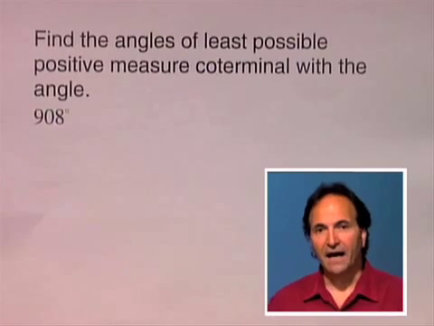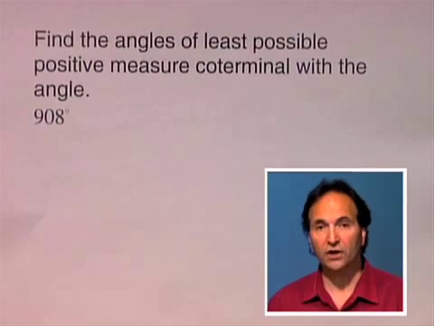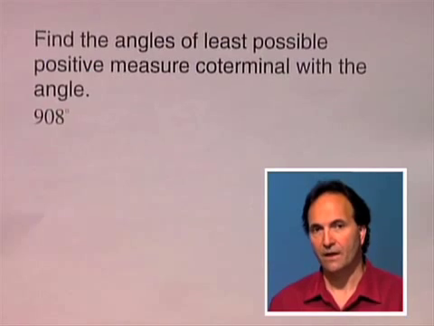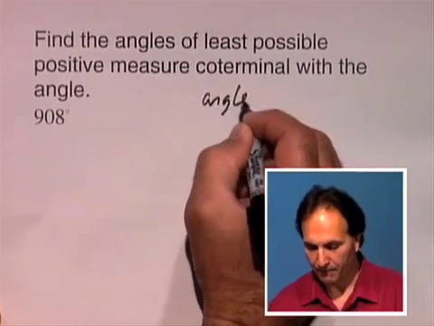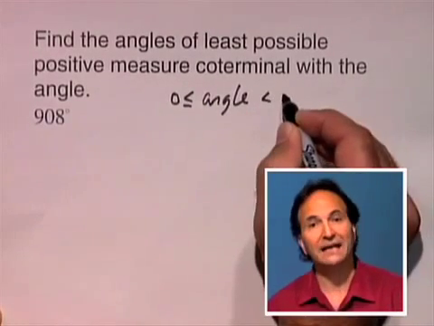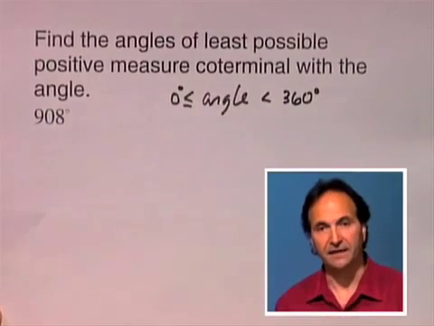In this example, we'll be finding the measures of coterminal angles. Find the angles of least possible positive measure coterminal with the angle 908 degrees. So what we're looking for is an angle that's going to be greater than or equal to 0 and at the same time less than 360 degrees.